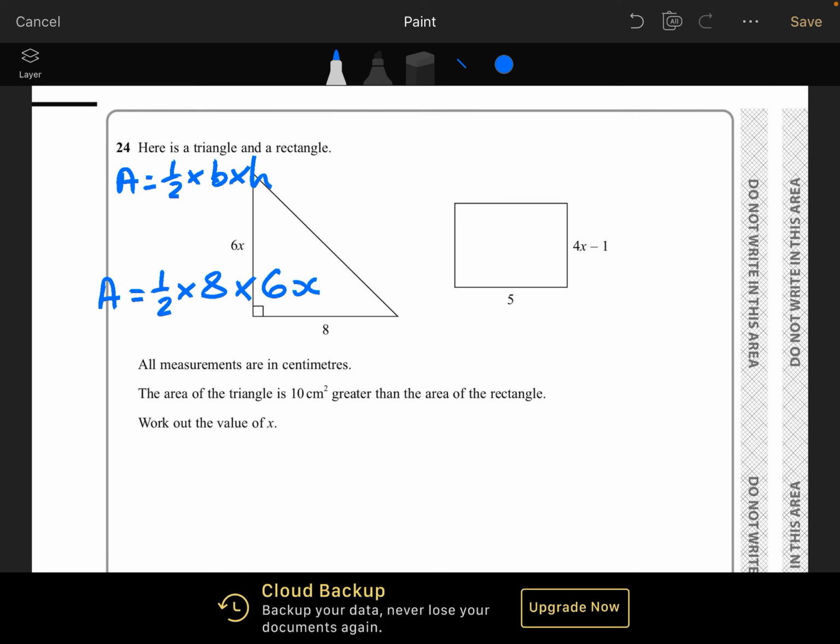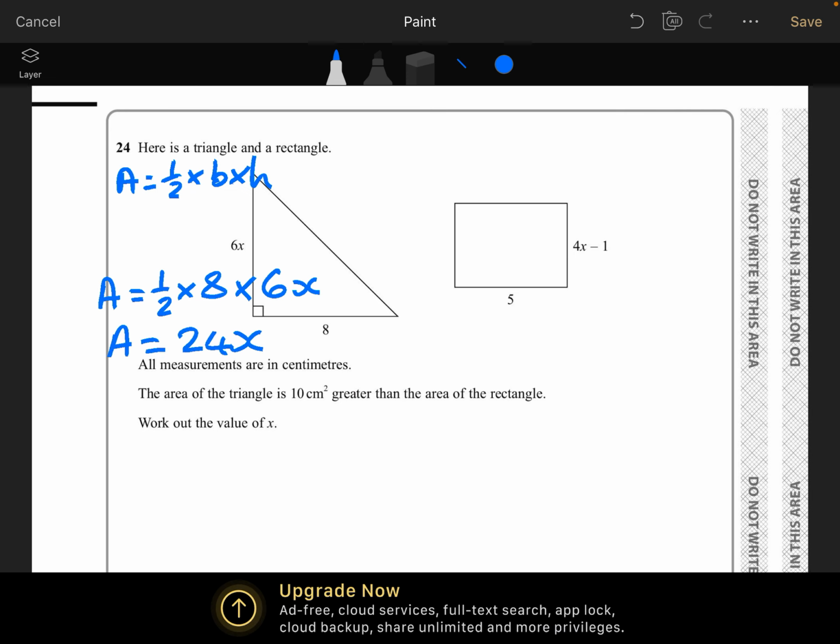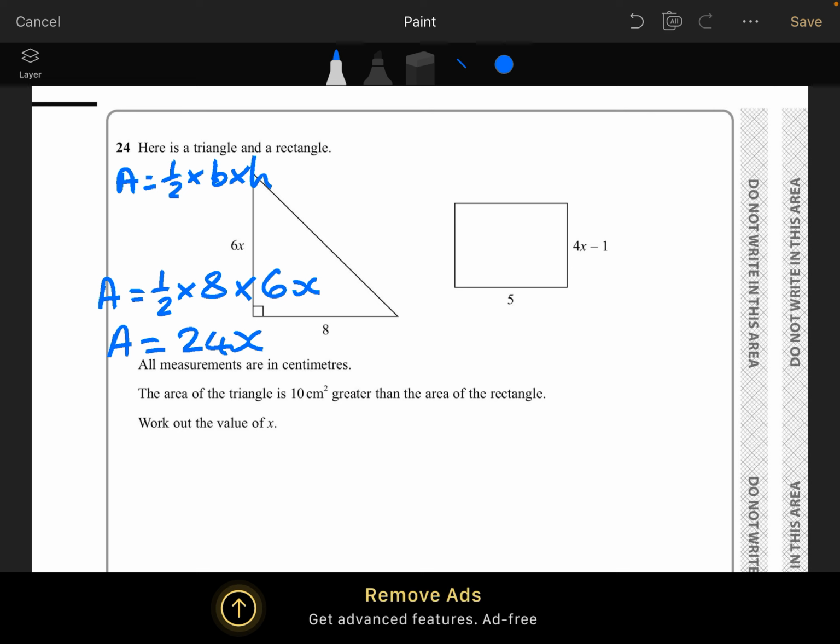I can simplify that further. Half of 8 is 4, and 4 times 6x gives me 24x. So the area of the triangle is equal to 24x. Let's put a little t there so that we distinguish it.